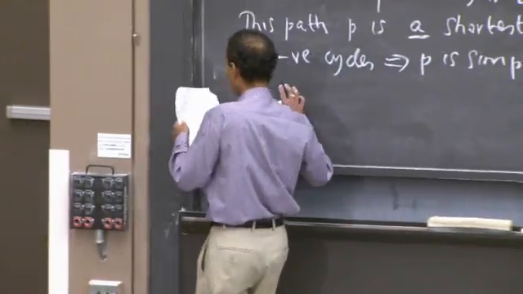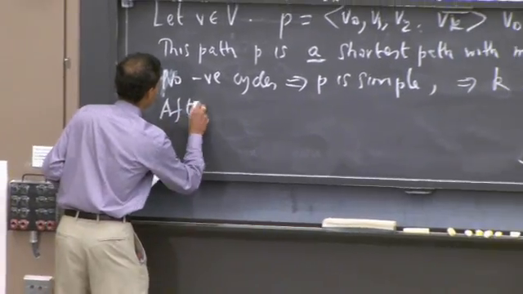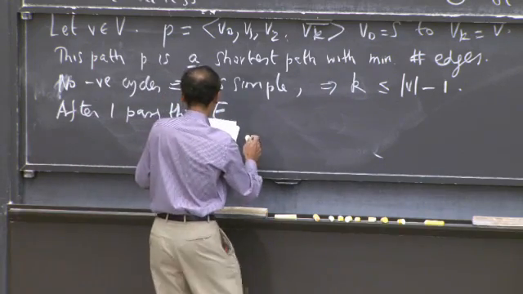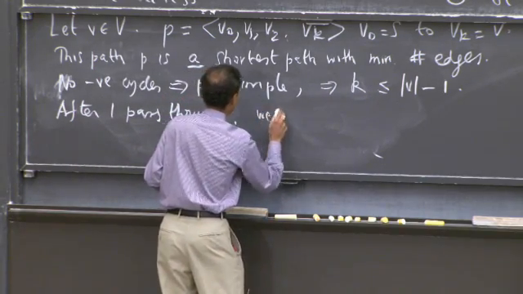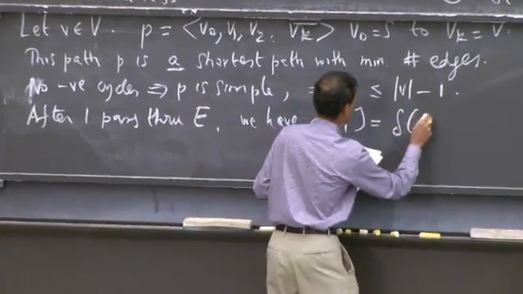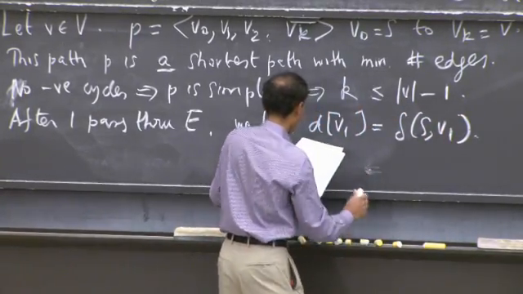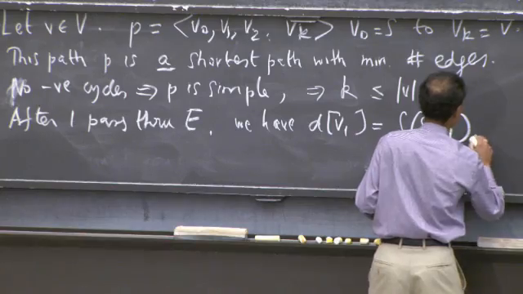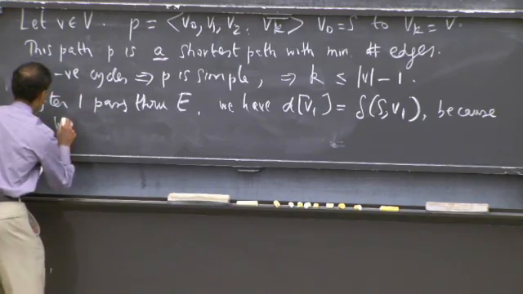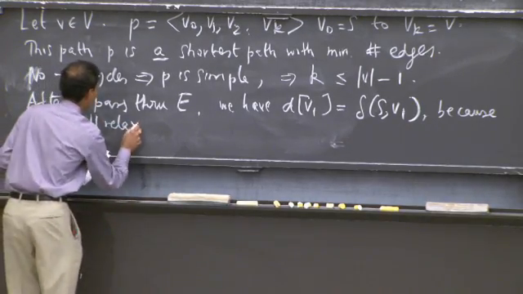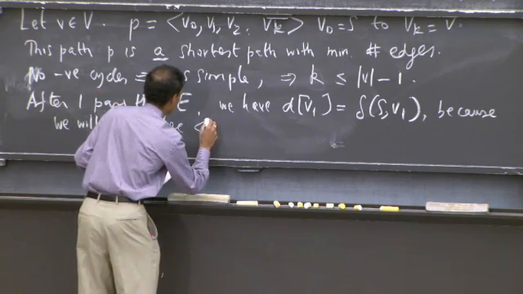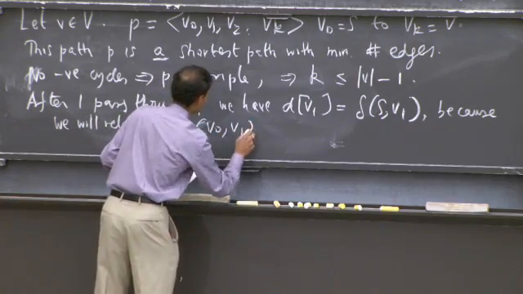You can write that out, and I'll write it out here. But that's basically it. So after one pass through all of the edges E, we have d of V1 to be delta S V1. The reason for this is that we're guaranteed to relax all the edges, and we will relax the edge V0, V1 during this pass.